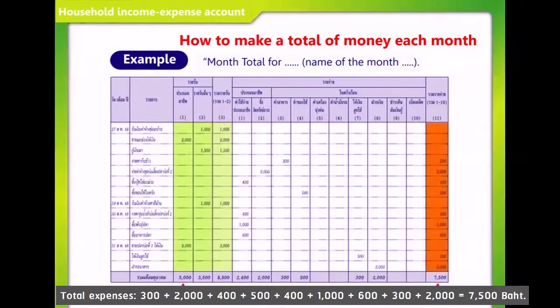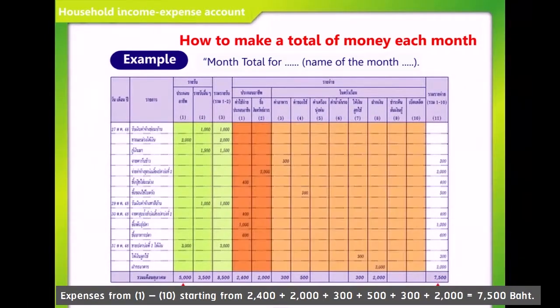Total expenses, 300 plus 2,000 plus 400 plus 500 plus 400 plus 1,000 plus 600 plus 300 plus 2,000 equals 7,500 baht.